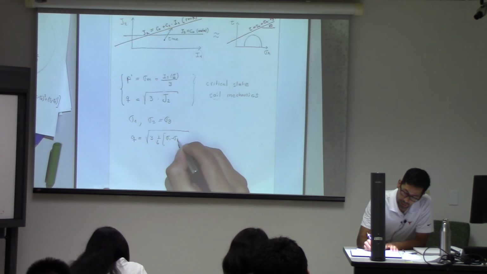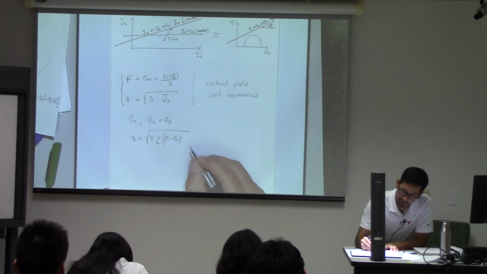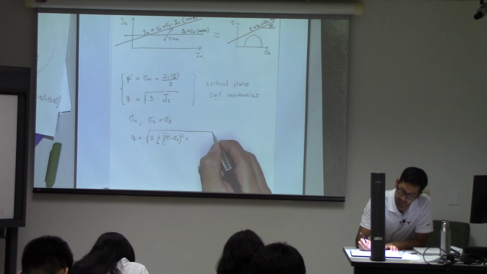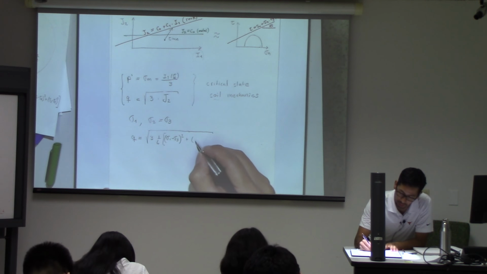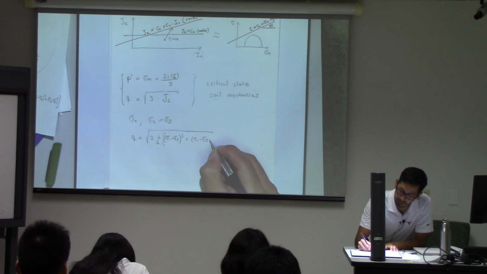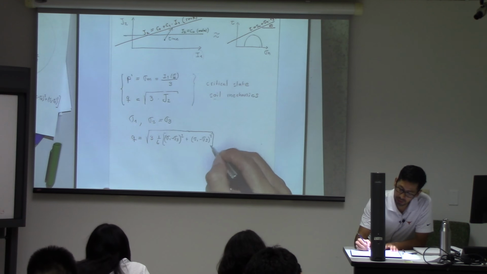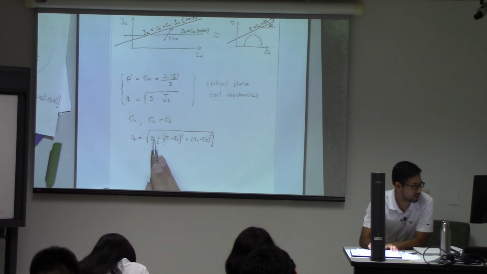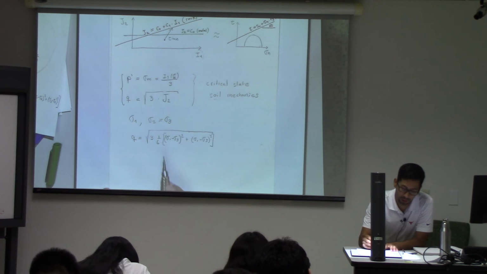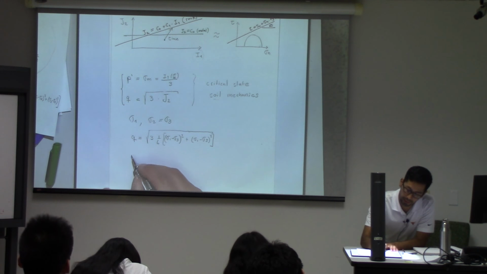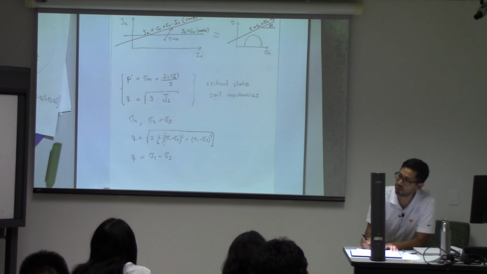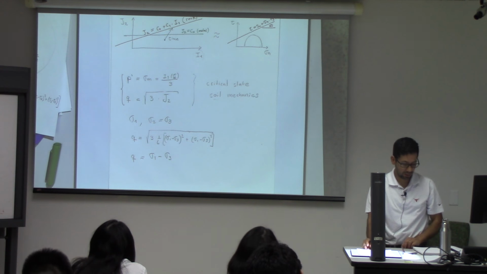And this is going to be sigma 1 minus sigma 3 squared, and we know that sigma 2 is the same as sigma 3, so there is just another sigma 1 minus sigma 3 squared. That's 2 times that, and 2 times that is 6 divided by 6, which is 1, and the square root of this is just sigma 1 minus sigma 3. So much easier to understand.